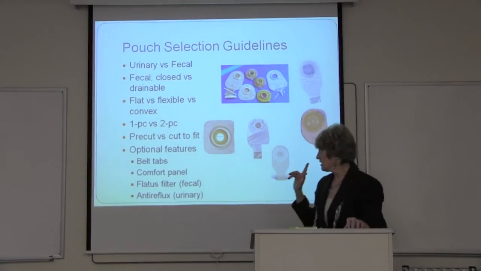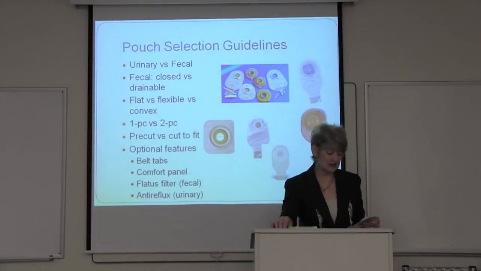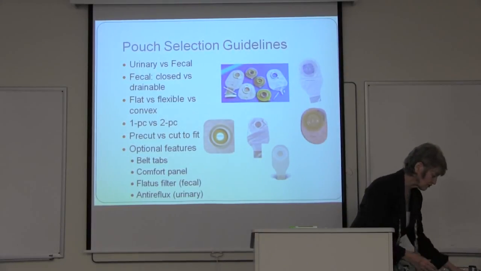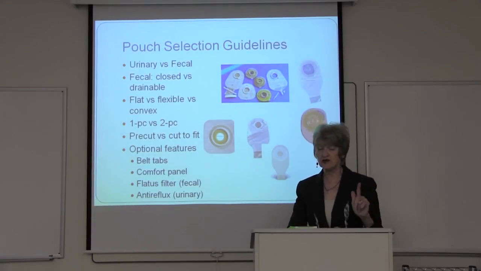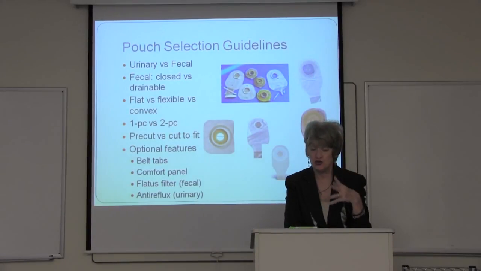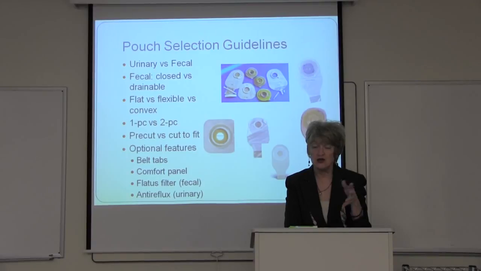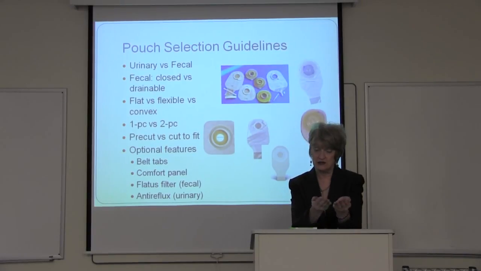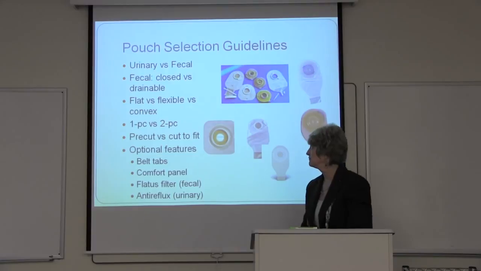We will talk in more detail about that because that's such an important factor when you're selecting a pouch for a patient. Can I use a flat pouch on this patient? Do I need an all flexible pouch to contour to their abdomen to fit into creases? Or do I have either a skin level stoma or a valley situation and I need convexity?